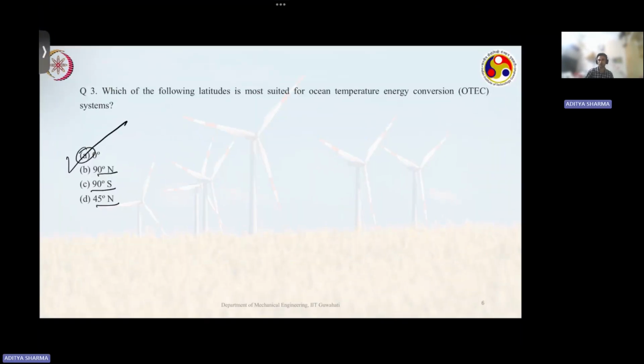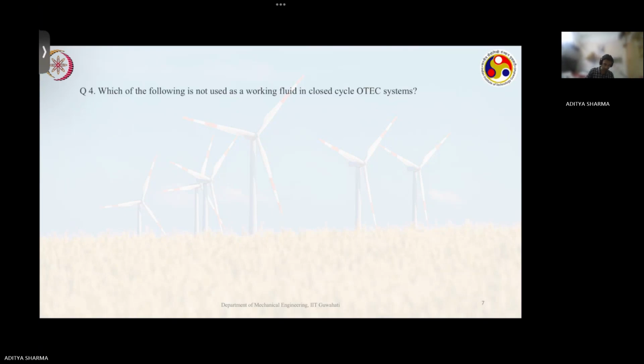So this was your question number 3. Which of the following is not used as a working fluid in the closed cycle OTC systems?